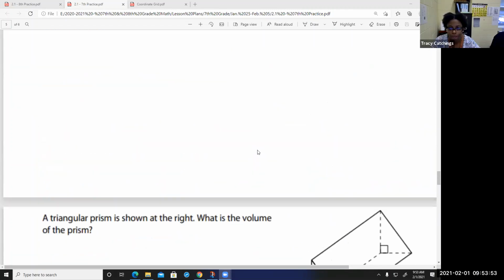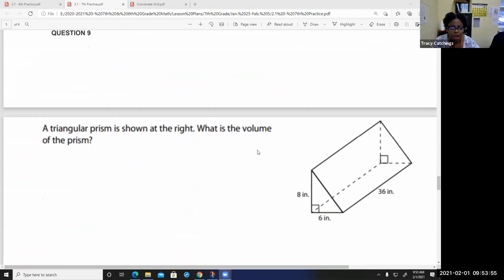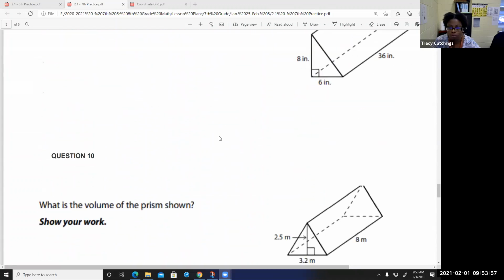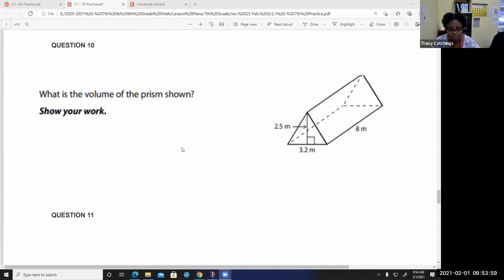It looked like 4. So make sure you are following that same process. You're using those formulas to find the volume. Make sure you got a piece of scratch paper as you're working.